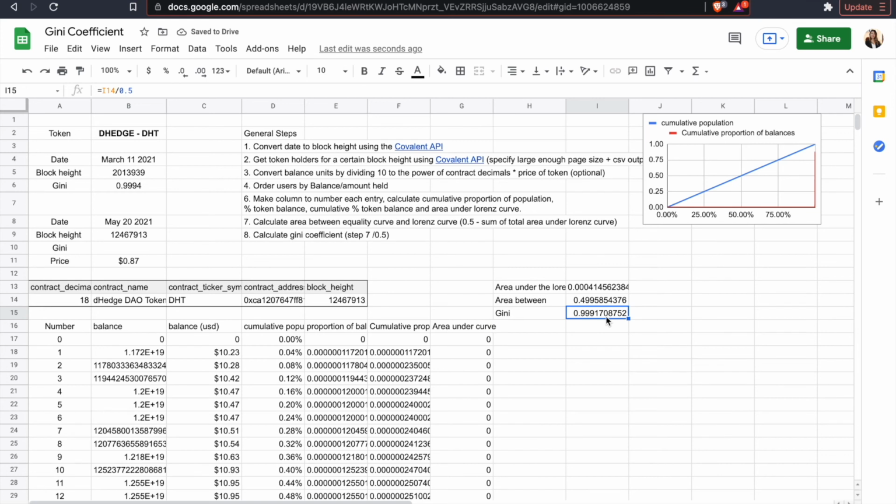The Gini coefficient is 0.991, which is slightly lower than the previous 0.9994. So yeah, there we go. I think it's important to note that most cryptocurrencies start with a Gini coefficient of 1.